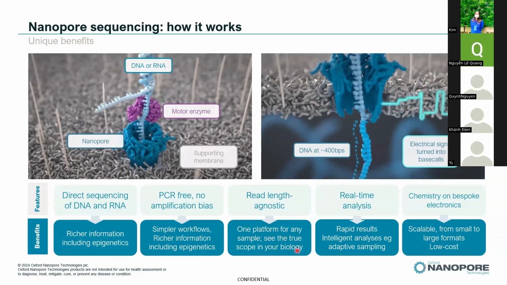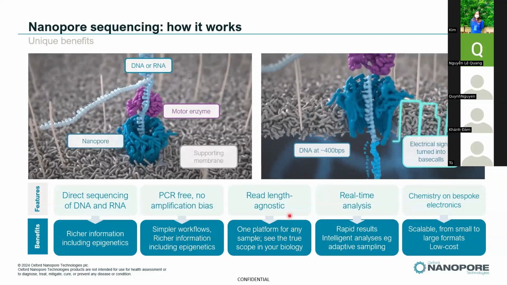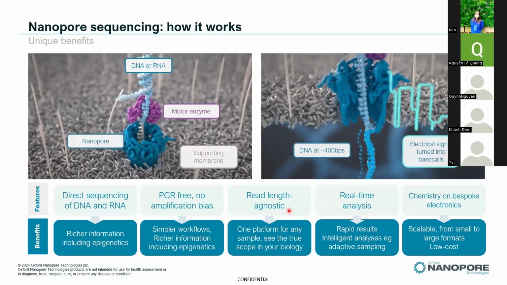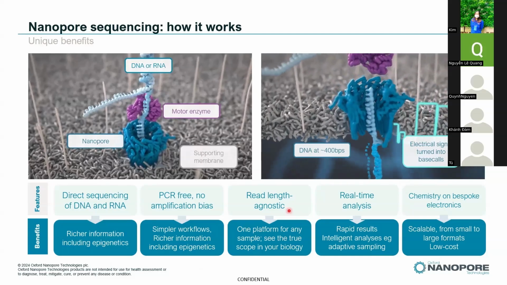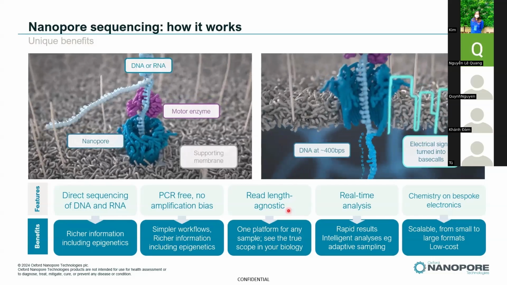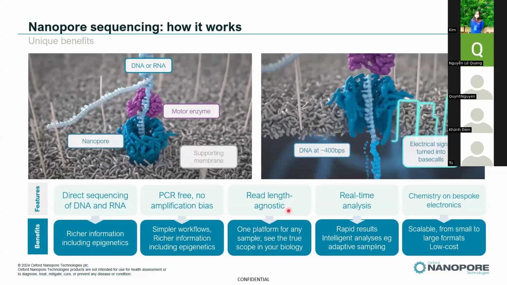And we are also read length agnostic. Although we are often perceived as a long read sequencing company, the fact is that we also have the short fragment mode that is integrated into the operating software that allows the sequencing of fragments as short as 20 bases on the Nanopore platforms.